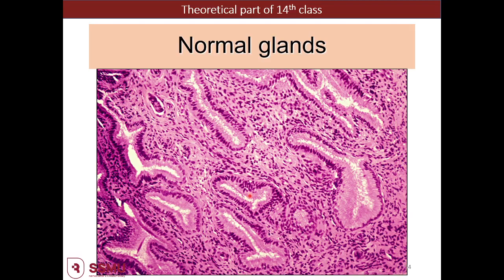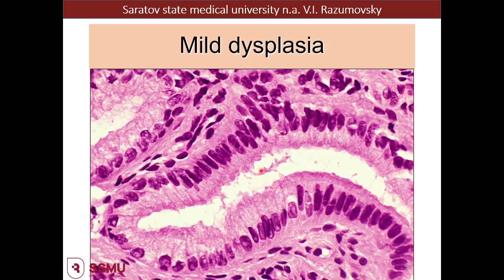In most of the GIT system we can see glandular epithelium, and only for revising I show you normal glands. They are characterized by only one layer of glandular cells, and they look the same. We don't have any difference, and they are typical.